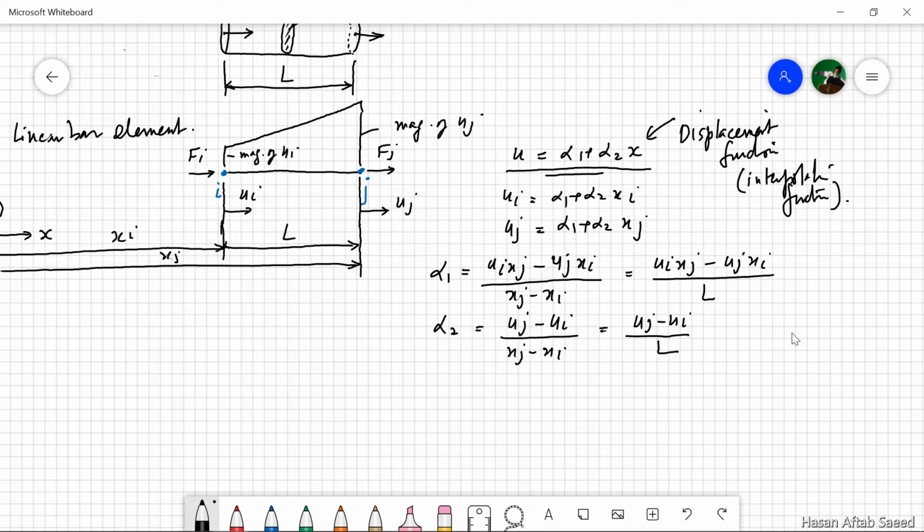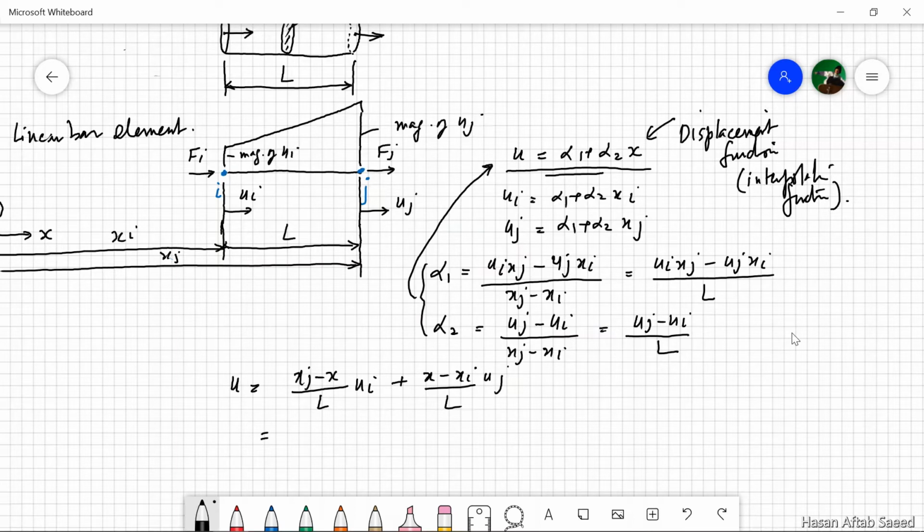Now we have alpha 1 and alpha 2. Substituting them back in our displacement function, after a couple of steps of simplification, we get u equal to xj minus x over L times ui plus x minus xi over L times uj.